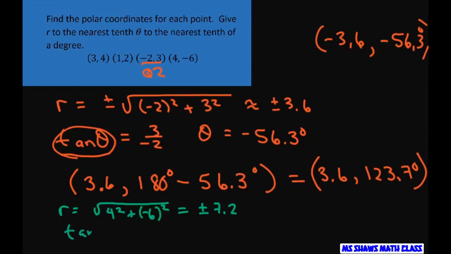And tan of theta is negative 6 divided by 4, which equals negative 56.3 again. And so basically we're in quadrant 4 with this one. So our answer is 7.2, negative 56.3 degrees.